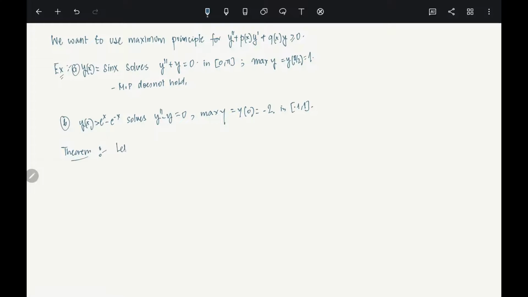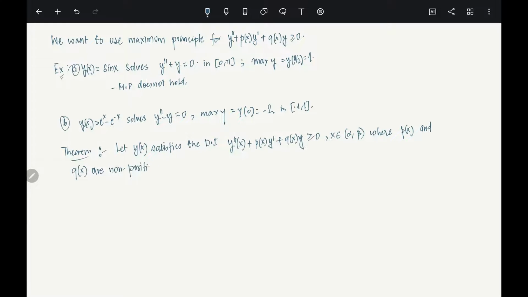It says: let y(x) satisfy the differential inequality y double prime of x plus p(x) y prime plus q(x) y greater than or equal to 0 for x in (alpha, beta), where p(x) and q(x) are non-positive and bounded.